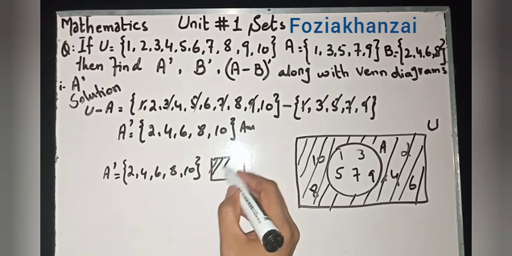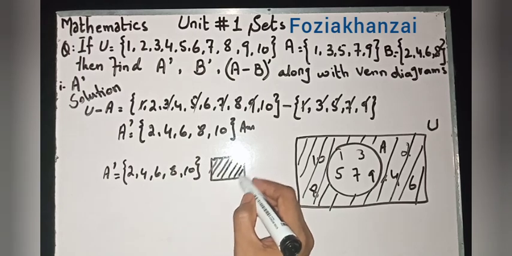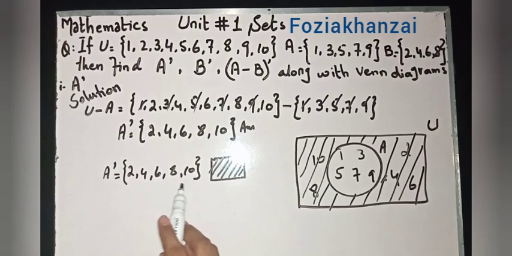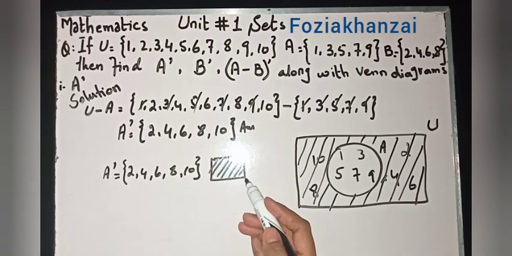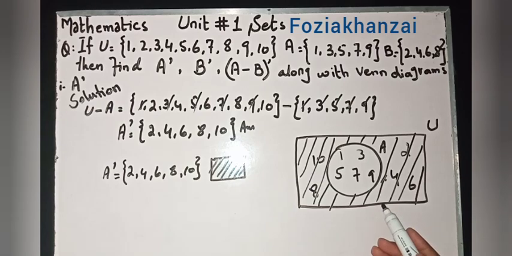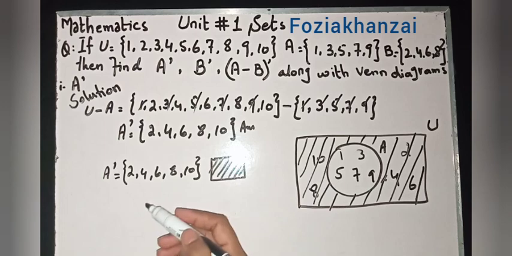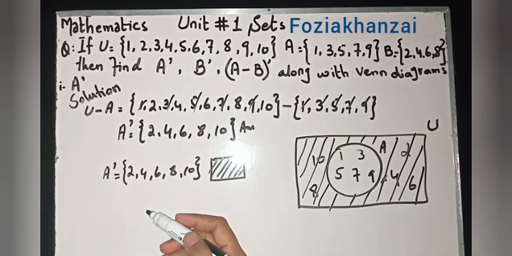Okay, answer of A complement 2, 4, 6, 8, 10. Rectangle box shows universal set. Venn diagram shows answer of A complement.